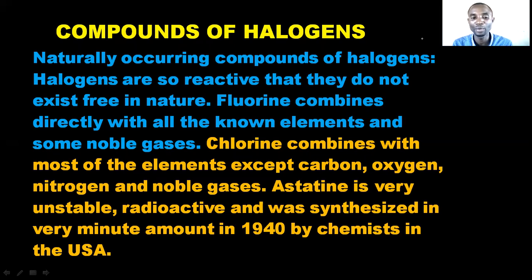Astatine is very unstable and reactive, and was synthesized in very minute amounts in 1940 by chemists in the US. So one thing we are establishing is that halogens do not occur freely in nature; fluorine, chlorine, and the others occur in combined states because they are very reactive.